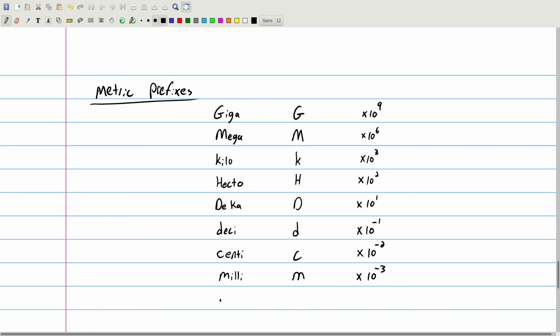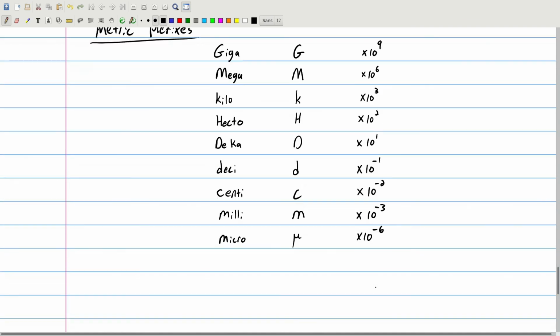We're going to have micro, which is represented by this kind of funky looking character. It's a Greek character, and that character is the letter mu. So mu for micro, times 10 to the negative 6. By the way, if you've never been instructed on how to write the mu for micro, here's what you do.